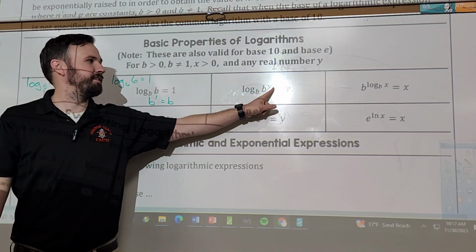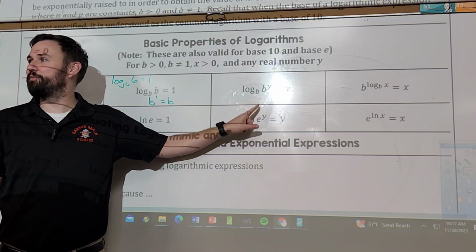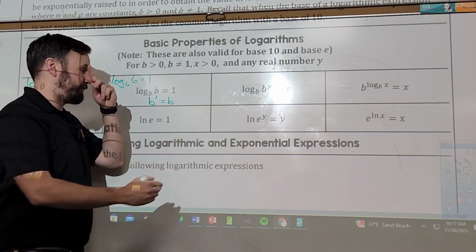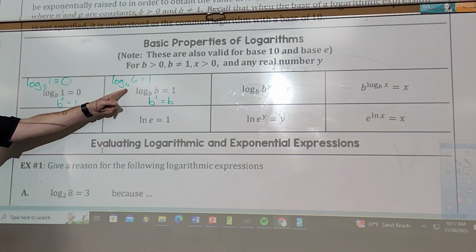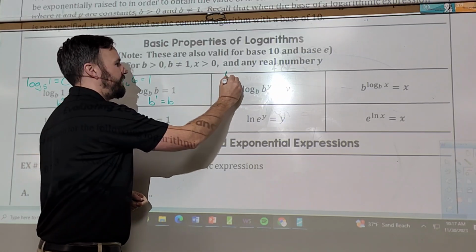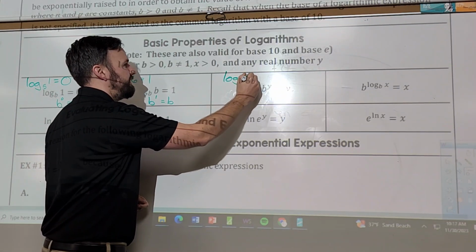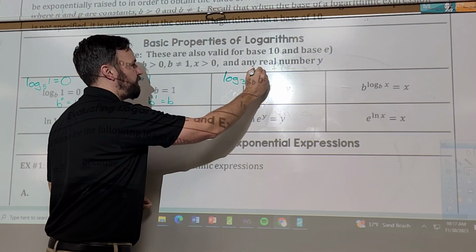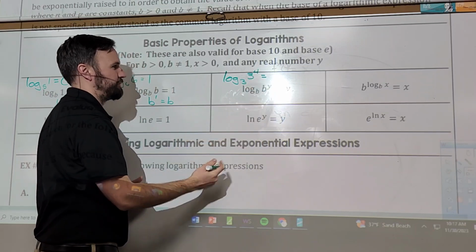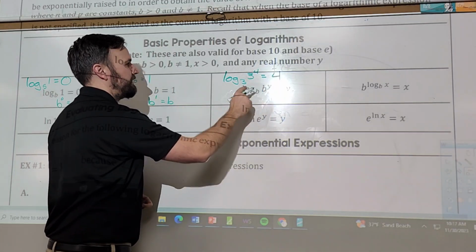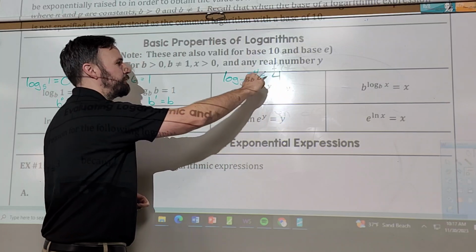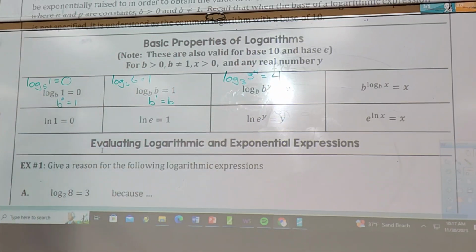Do you see how this takes it from having an exponent to not an exponent? Because it's an inverse. Do you guys like the examples? If I do log base 3 of 3 to the 4th, what's that going to be equal to? 4. Because 3 to the 4th equals 3 to the 4th.